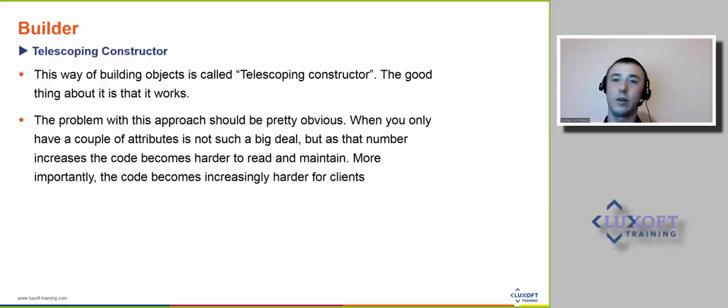When we only have a couple of attributes, it's not a big deal, but as the number of our attribute fields increases, the code becomes harder to read and maintain, and we will have more and more constructors for every optional field. And this code will be harder to use for clients of this class. So this approach, telescoping constructor, has its problems.